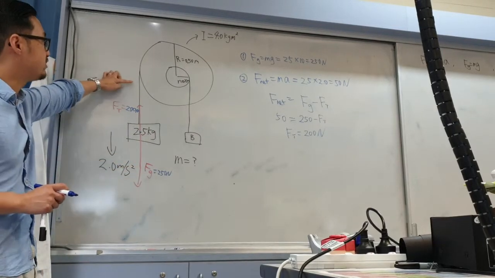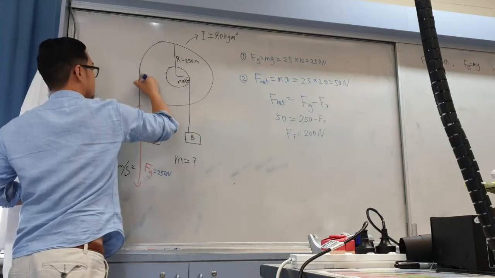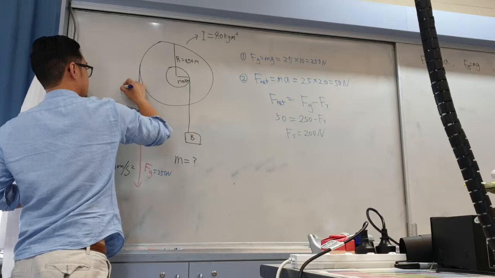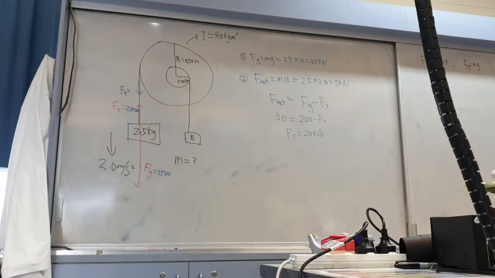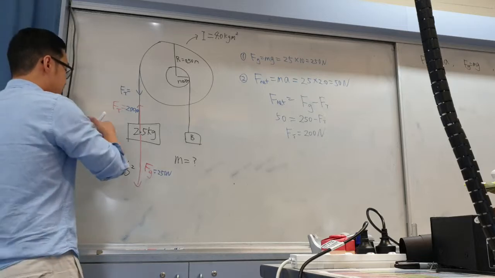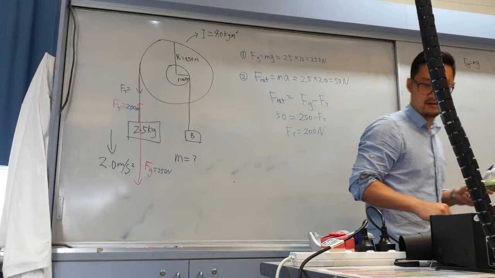And then how much force is going to be experienced going downwards over here? 50? No. Negative 50? No. This force will equal 200 Newton.